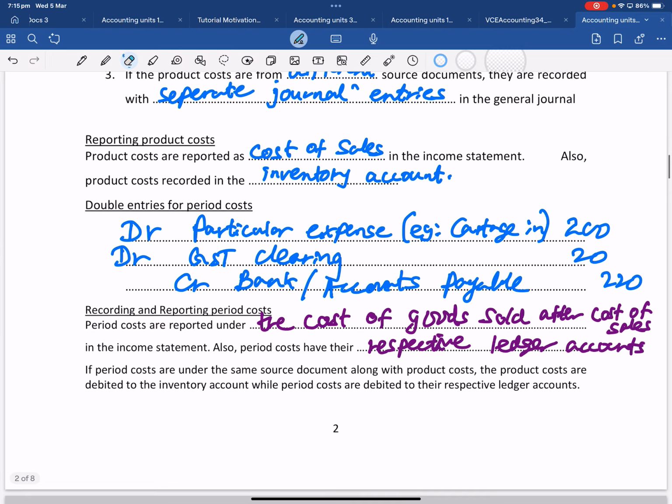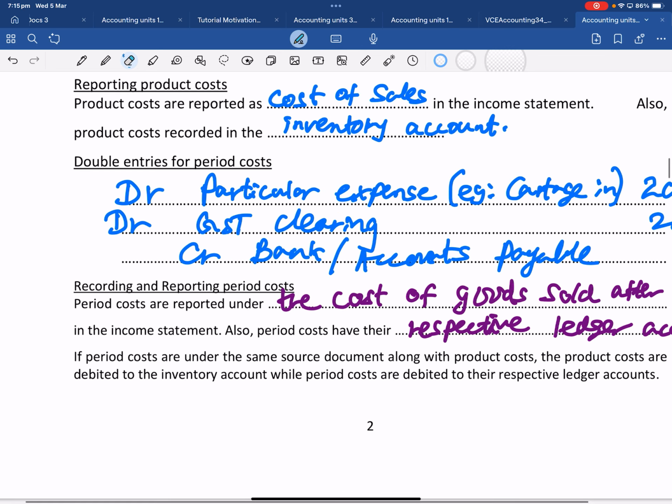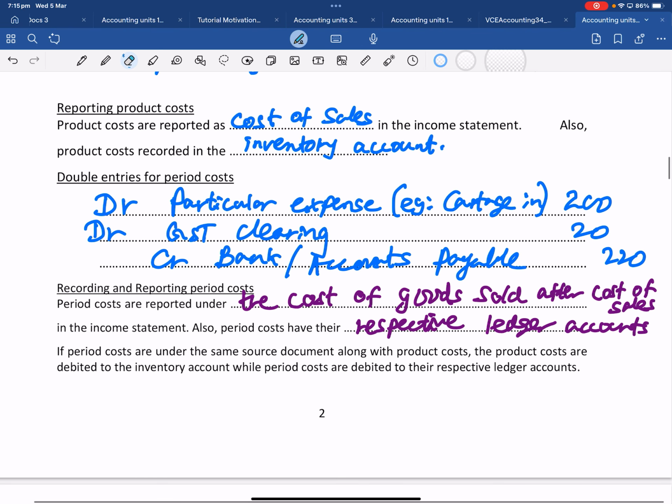Okay, what is the double entry for the period cost, guys? Period cost means that we can't logically allocate into individual units. And we will have separate ledger accounts, right? So let's say, for example, we purchased a shipment of apples. Then we pay cartage in together.